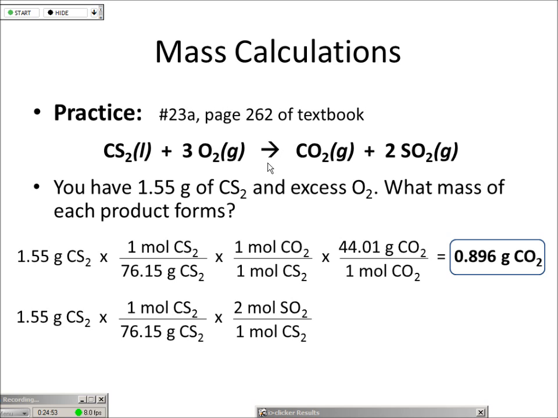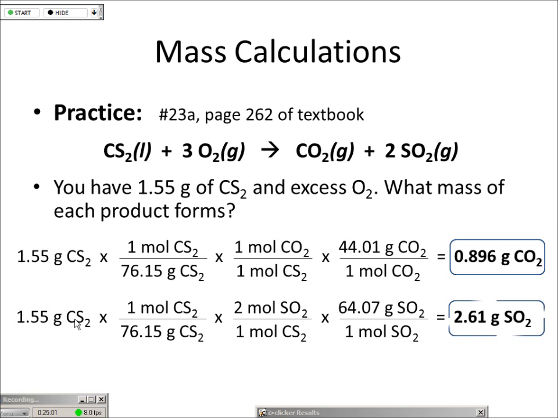So believe it or not, there is some logic to the progression of the course, and you need to know how to balance equations to be able to do this. So overall, the process is the same. We are starting with the mass. We're converting it to moles. We had moles of reactants. They ask us for moles of product. So we find how the chemical reaction converts 1 mole of CS2 to 2 moles of SO2.